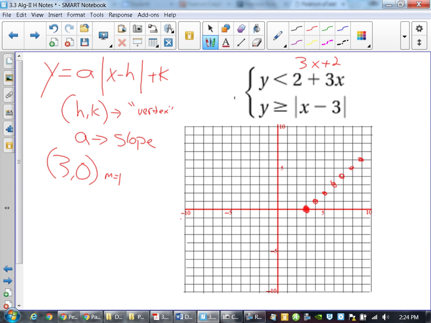This generic form is x minus h. Think about point slope form. If it was y minus 3, that meant that the y coordinate was 3. If it's x plus 3, the h value would have been negative 3. So when you see these things with the minus in there, just think of the opposite sign. If it's x minus 3, it means it's a positive 3. And then since one slope was positive 1 going up and right, I can do the symmetric slope, which means I'm going up and left 1.